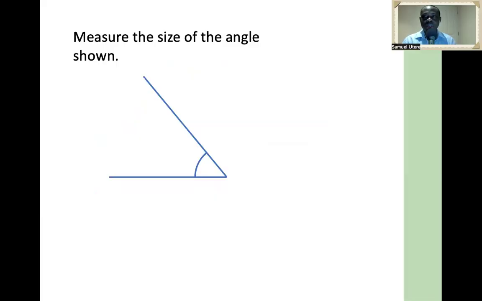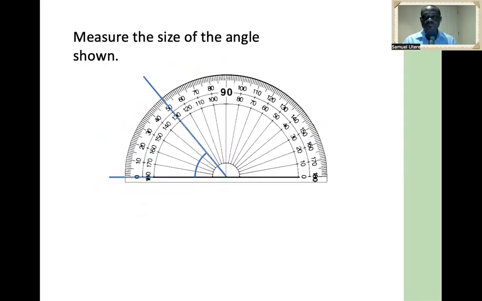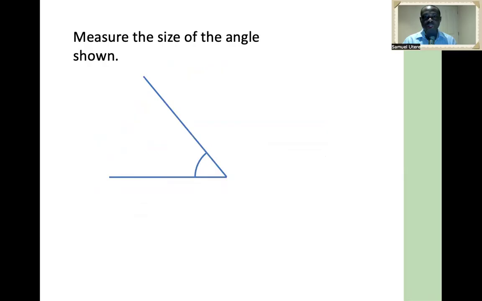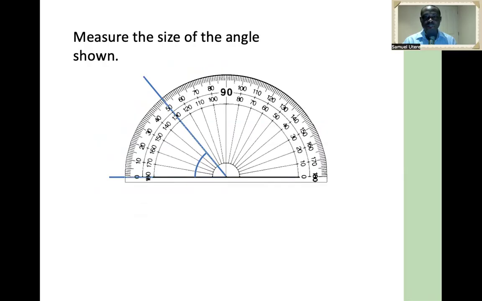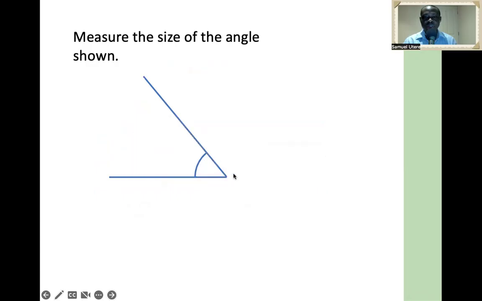Okay, let's make some use of the protractor. If we're asked to measure the size of this angle, the first thing we do is we make sure that the crosshairs, so the crosshairs is this point here, line up with the vertex of the angle you want to measure.